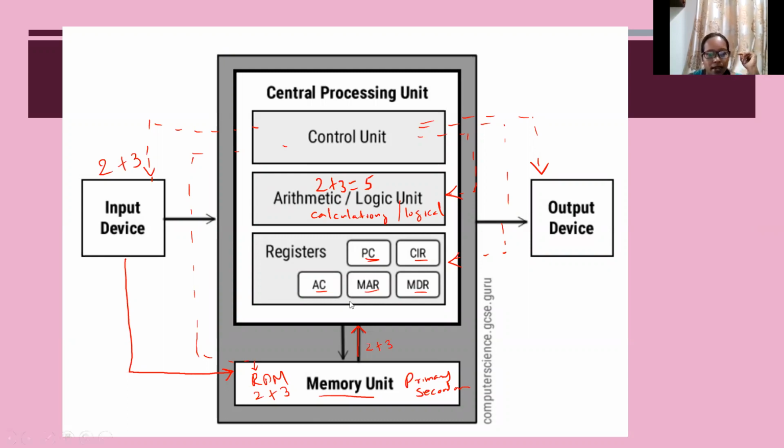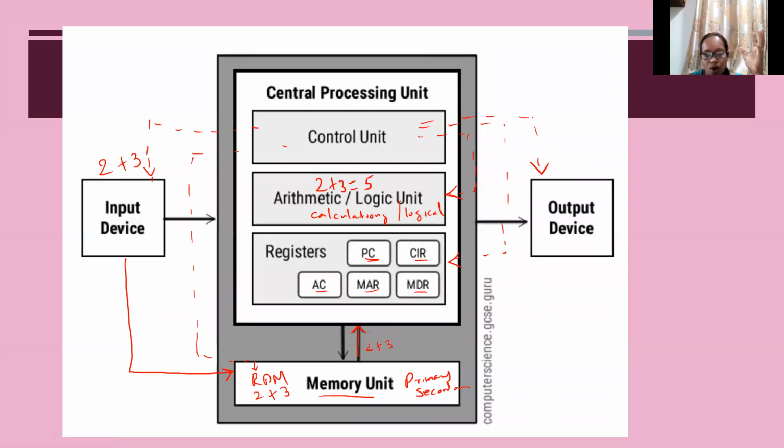Okay. Right. Now, what is the purpose of registers here? They just temporarily hold the data and instructions that are needed by the CPU. Okay. Now say the arithmetic part is done by this ALU, right? Now the answer is 5, right?